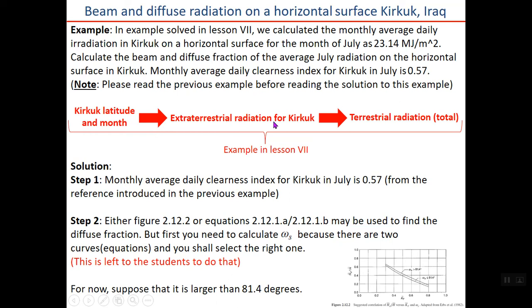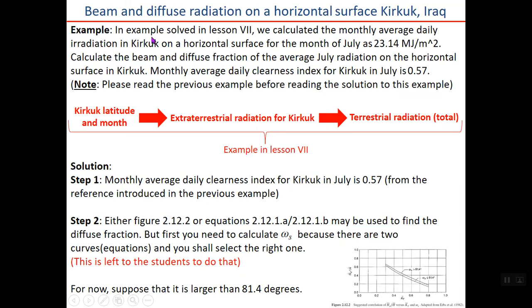Then we found the extraterrestrial radiation for Kirkuk from tables in chapter 1. Finally, we found the total terrestrial radiation on a horizontal surface in Kirkuk in the month of July. It was 23.14. Please read that example. I just want to mention again that please read the previous example before reading the solution to this example.